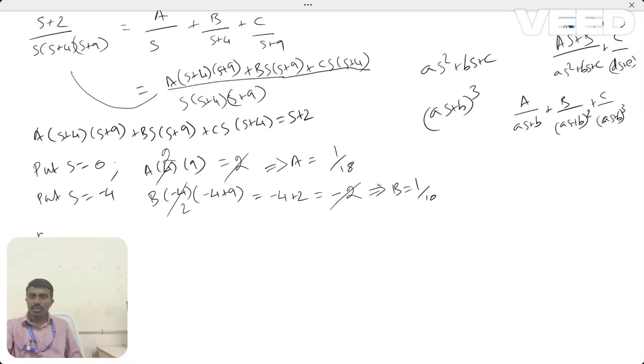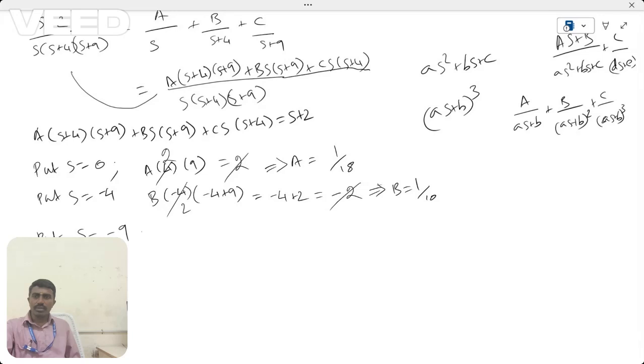Similarly, put s equal to minus 9. The first term will be 0, and similarly in the second term also, minus 9 plus 9 makes this factor 0, so the second term is also 0.